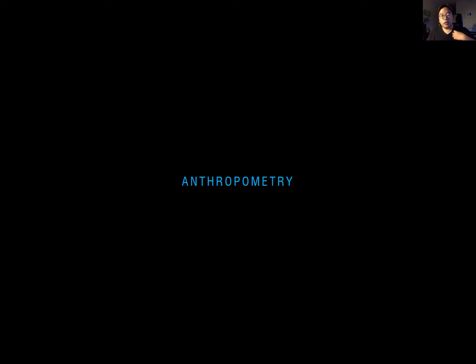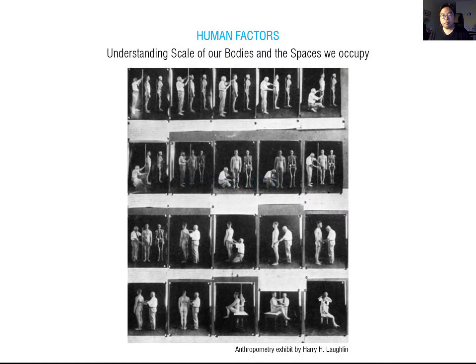Okay, so we start from anthropometry. To know about anthropometry, you have to know about the human body dimensions. It is called the human factor. The human factor is understanding the scale of our body and the space we occupy. The human factor is the scientific discipline concerned with understanding the interaction among humans and other elements of the system.